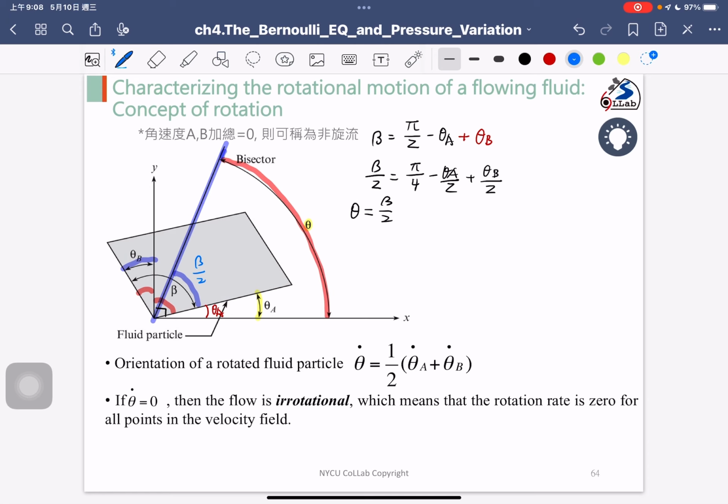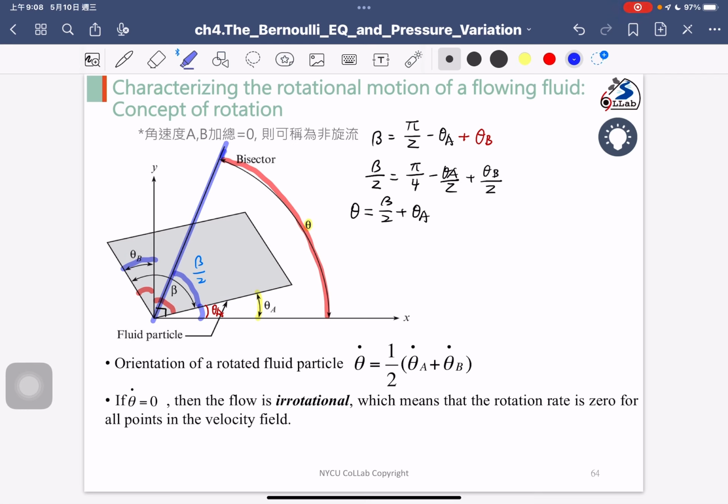And if I add theta A to beta over 2, that will equal the theta angle.